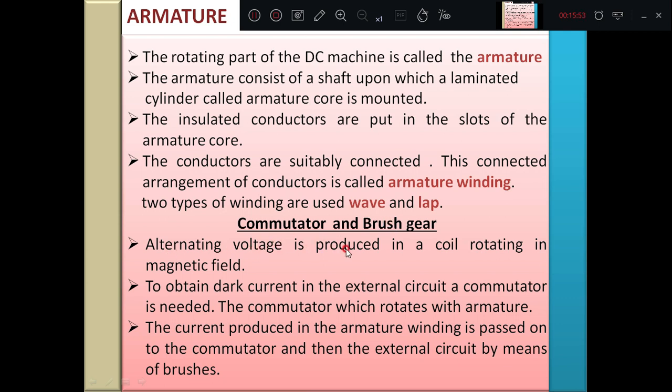The alternating voltage is produced in the coil rotating in the magnetic field. To obtain a DC current in the external circuit, a commutator is needed, which rotates with the armature.